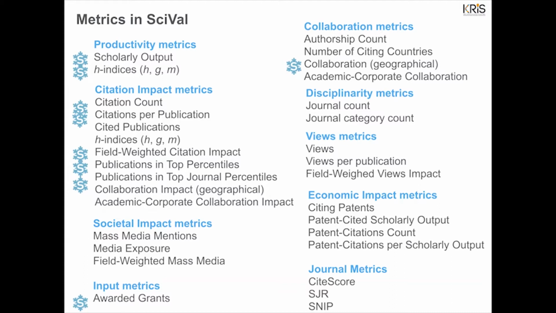I'm not going to go through each one because that would be quite boring. I try to teach about the metrics by showing analysis and doing some exercises because it's a bit more fun.